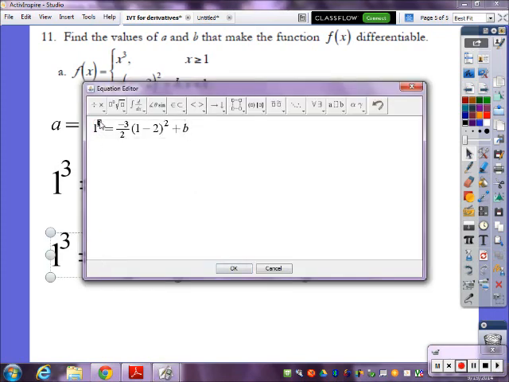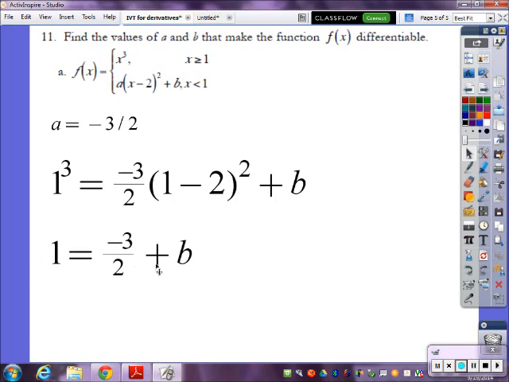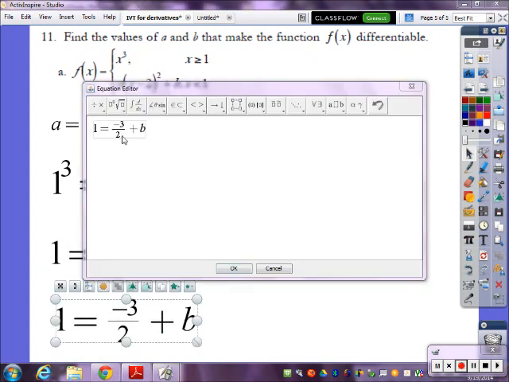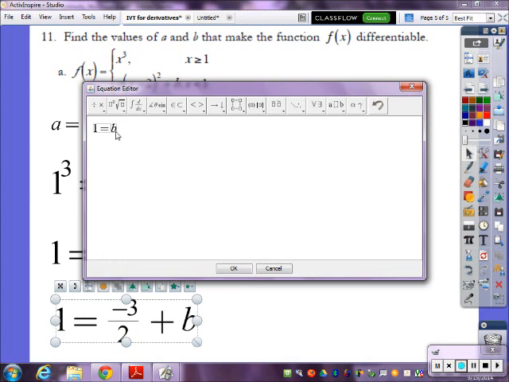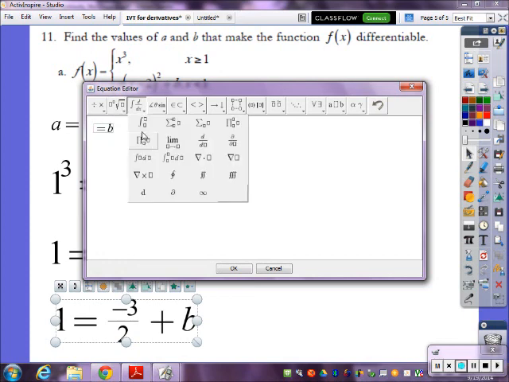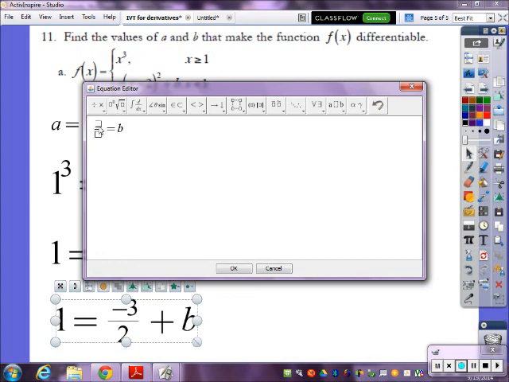And then, of course, to continue to solve for b, I would add 3/2 to both sides. So 1 is 2/2, and 2/2 plus 3/2 would be 5/2. So b would equal 5/2.